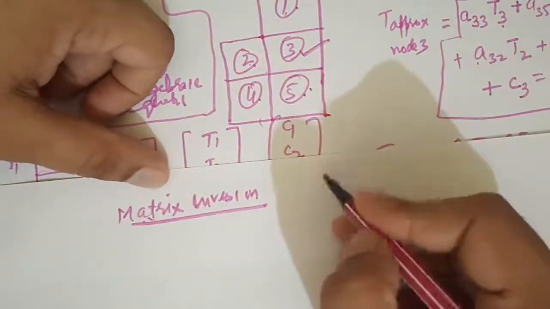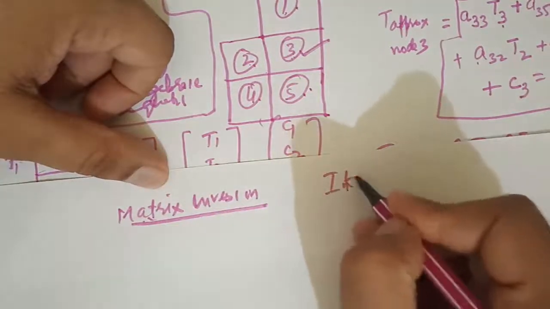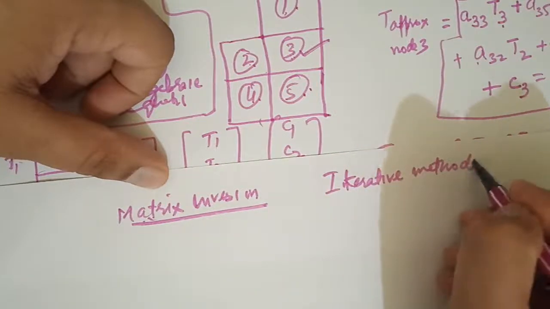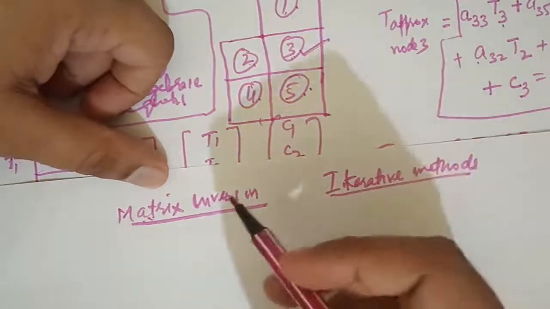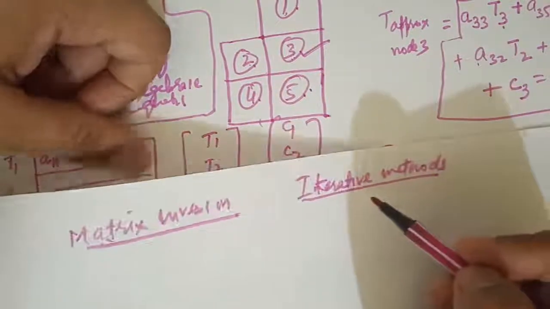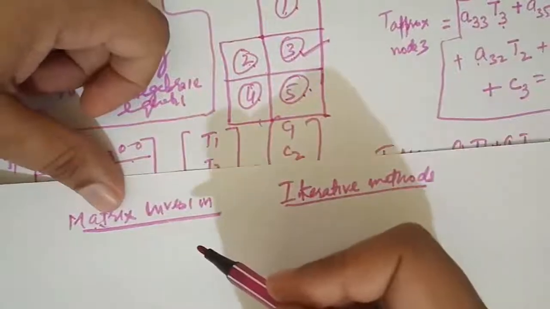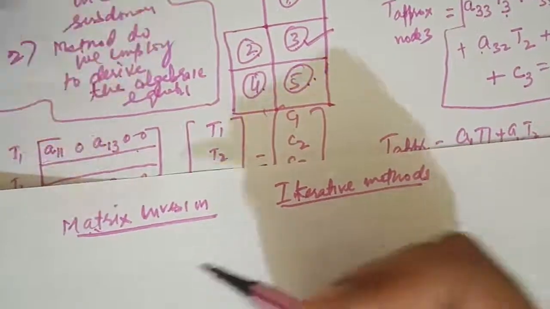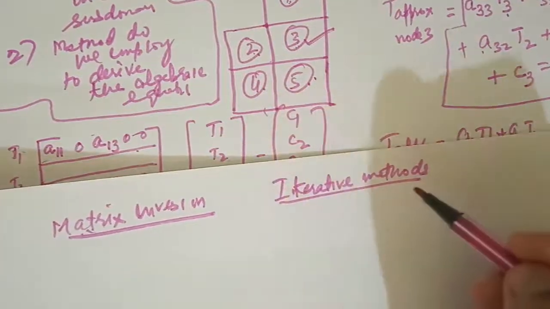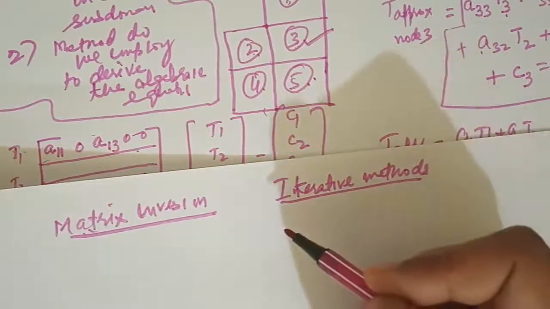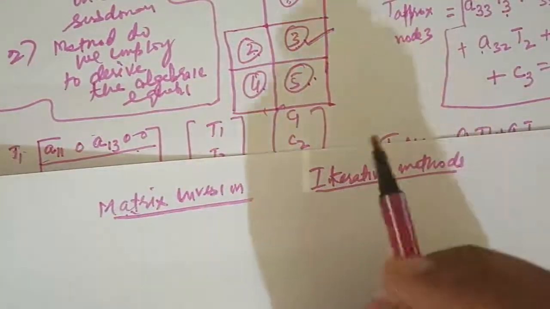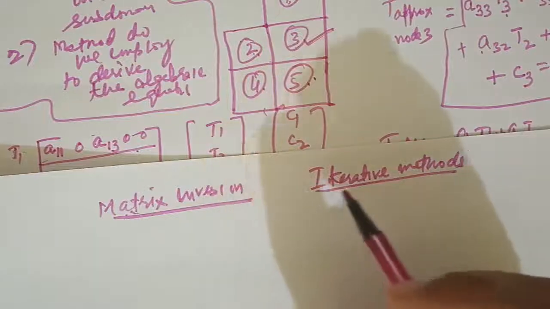And then we go for what are called iterative methods. In iterative methods, instead of taking the inverse as we did in the matrix inversion method, we guess the values of coefficients and then we iterate until we get converging results.